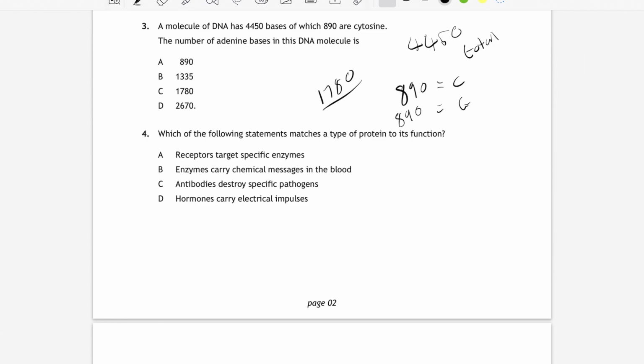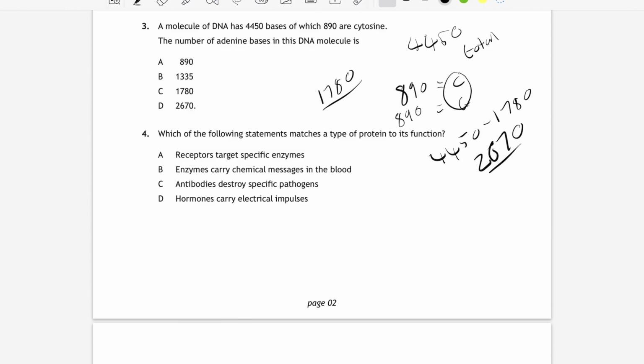So we want to do 4450 minus 1780. So I'll just quickly put that in my calculator here. Helps if I know how to work the calculator. 4450 minus 1780 equals 2670. So that's the number of bases we have remaining after we've looked at C and G completely.